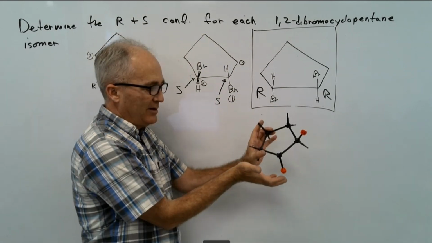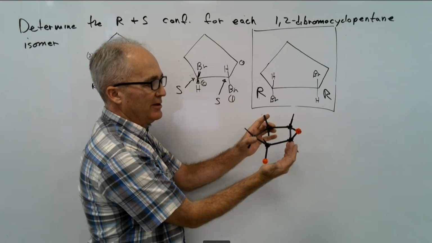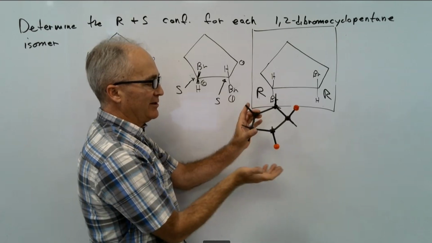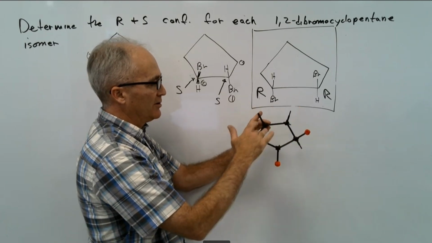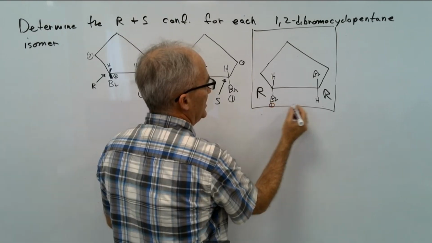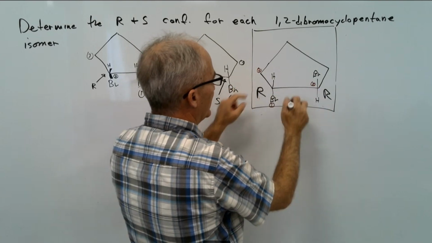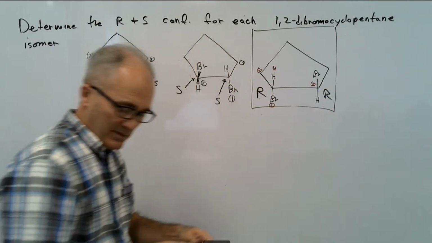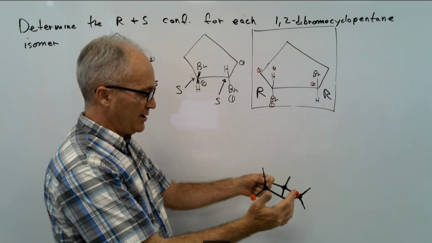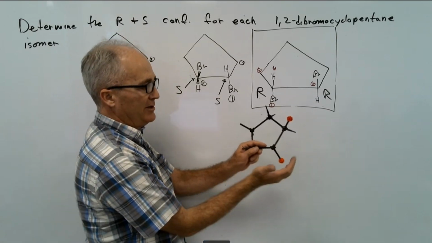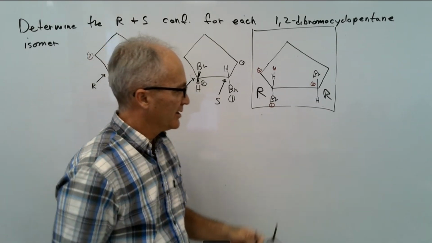Thumb's coming out. All right, so there's number 1, number 2, number 3. 1, 2, 3 on the priority. 4 groups here connected to that asymmetric carbon. Right hand. Thumb out. 1, 2, 3. That looks like R.